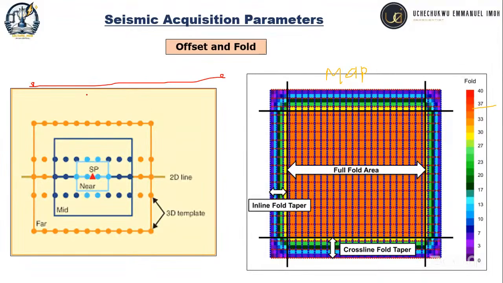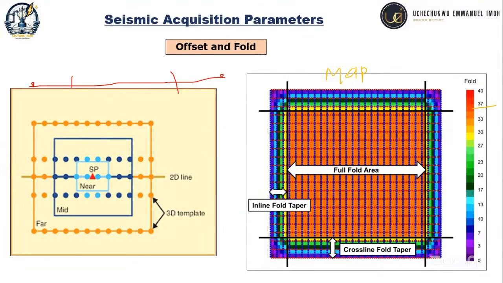As you're acquiring, the receivers in the middle regions are the ones that will do most of the imaging. The receivers at the flank, because they are the flank, their midpoints will always not be that many. So they will have a lesser amount of common midpoints as the source points are changing.